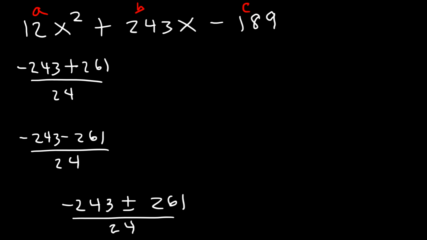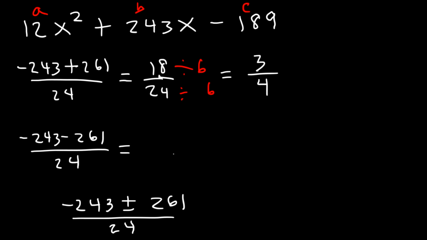Now, negative 243 plus 261, that's 18. So we have 18 over 24. And we can reduce 18 over 24. We can divide both numbers by 6. So this is going to be 3 over 4.